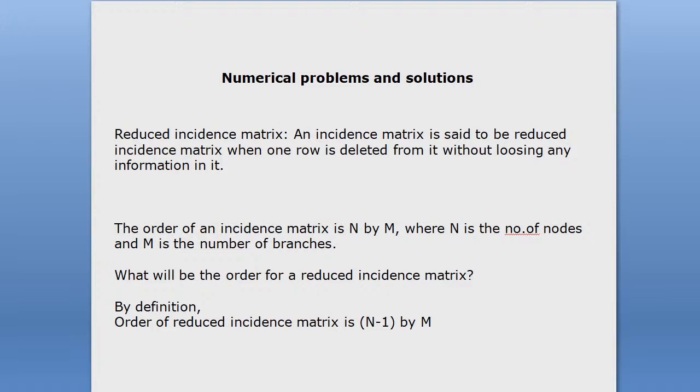You can calculate the total number of elements by multiplying the number of rows and the number of columns. For incident matrix, the number of rows is equal to the number of nodes and the number of columns is equal to the number of branches for a given graph. I hope everyone understands the concept of incident matrix, reduced incident matrix, formation of incident matrix, etc.